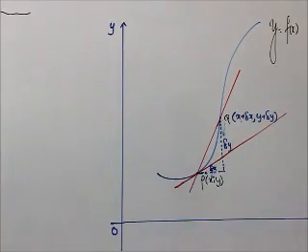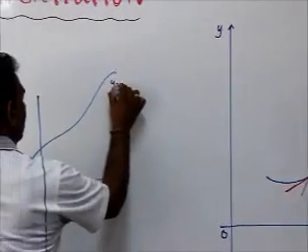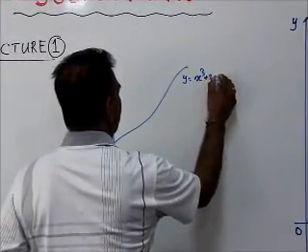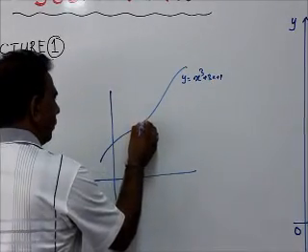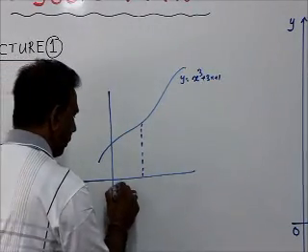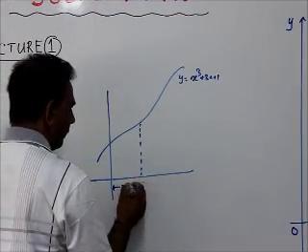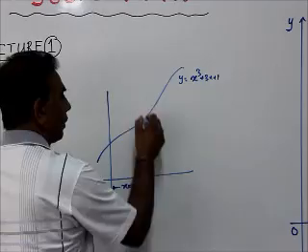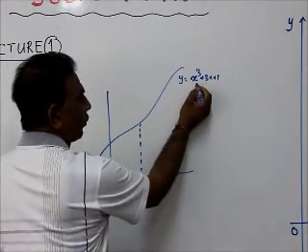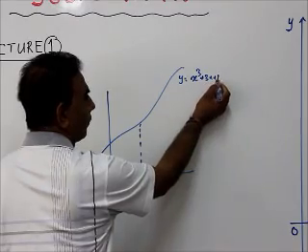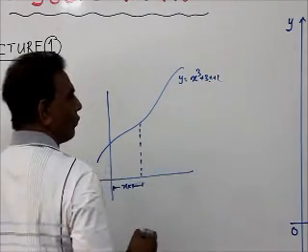In another way, for example, take any function, say y is equal to x cubed plus 3x plus 1. Take x is equal to 1. Then y is equal to what? If you substitute, 1 cubed is 1, plus 3 into 1 is 3, plus 1, that is 1 plus 3 plus 1, 5.